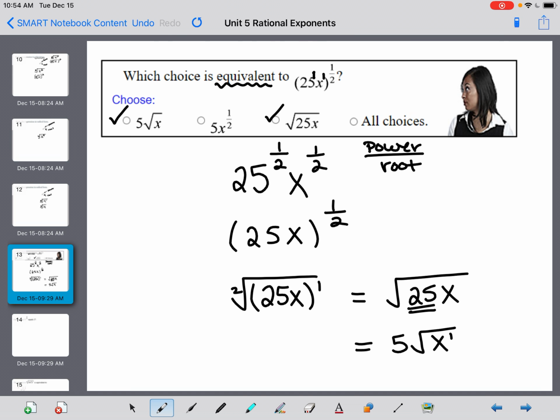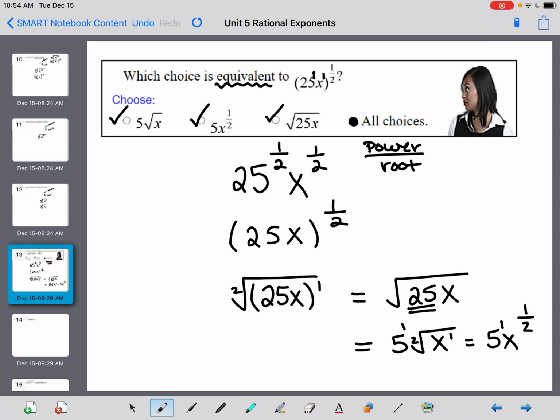If I wanted to write this in an equivalent way, I could bring the square root of x back to fractional exponent form, which would be a power of 1 over a root of 2. So this is also equivalent. Again, the 5 only has a power of 1 because we square rooted 25, which means we raised 25 to the 1/2 power, and we ended up with 5. But the x still has that power of 1/2. So that would be all choices.